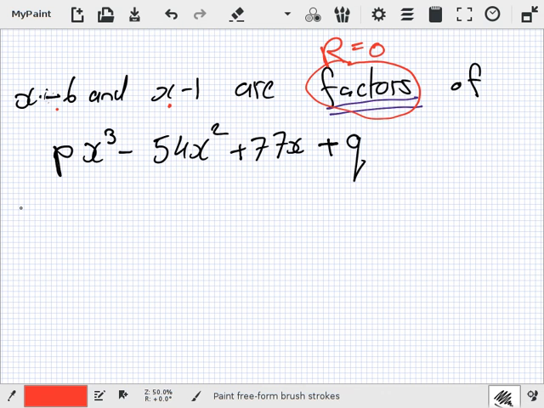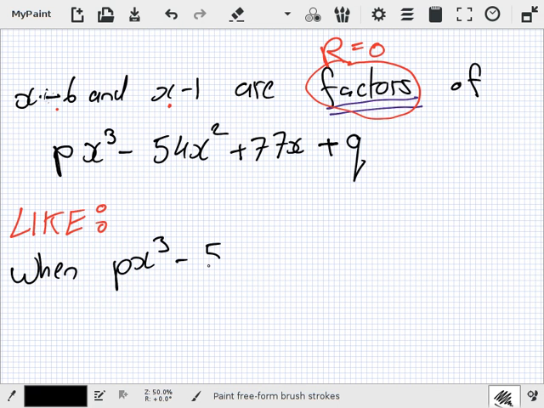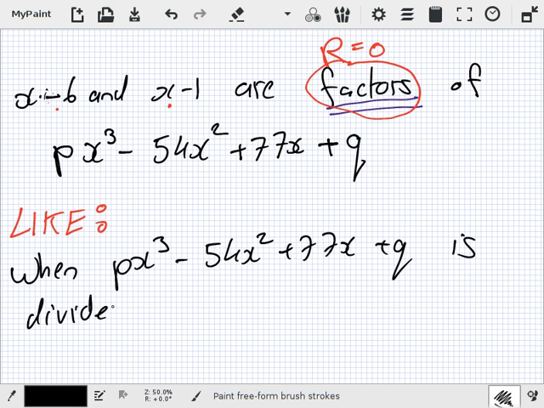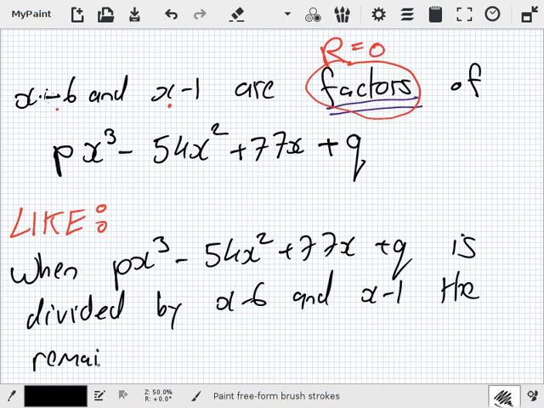Okay, so it's like I said: when px cubed minus 54x squared plus 77x plus q is divided by x minus 6 and x minus 1, the remainders are 0 for both.